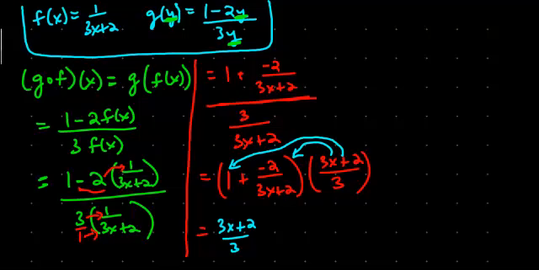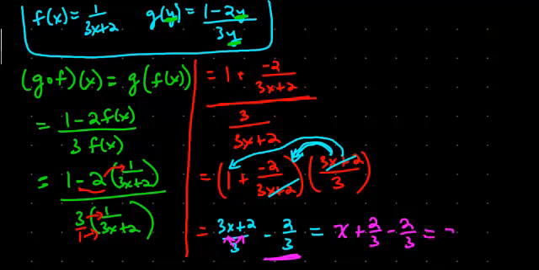And when I multiply here, note that the 3x plus 2 on the bottom is going to cancel the 3x plus 2 on top, so I'll get minus 2/3. Now this 3 on the bottom divides into both of those. When it divides into 3x, we're left with x. And when it divides into the 2, we're left with a positive 2/3. And then we have the minus 2/3 here, which equals x.